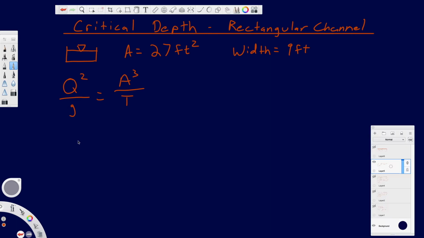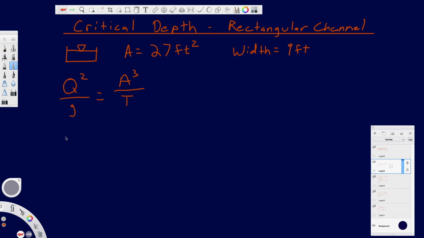So for our flow rate, we have this equation: flow rate squared divided by gravity is equal to area cubed divided by top width. All right, so the water surface width.